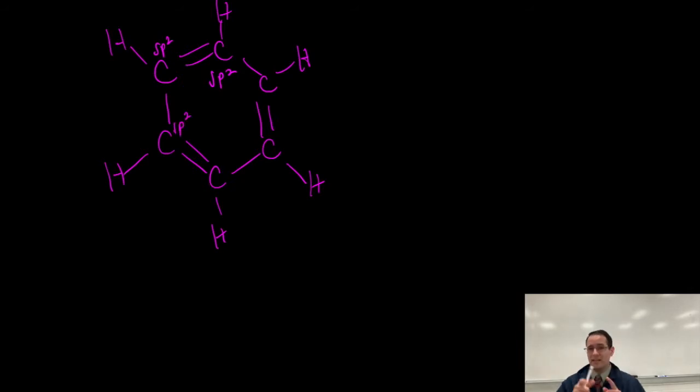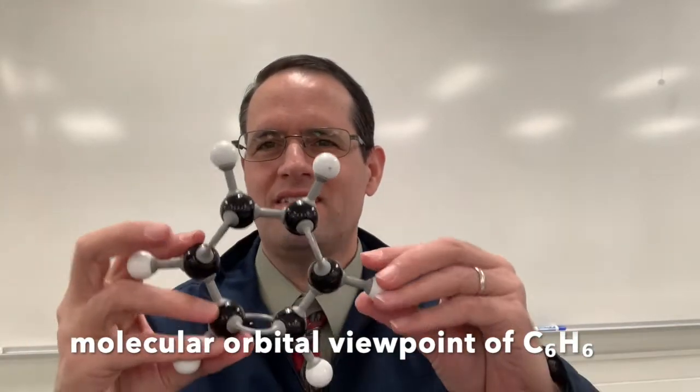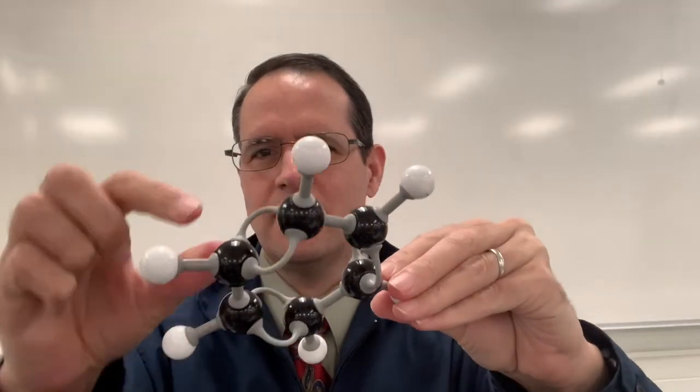So each carbon atom has a p orbital that's sticking up, okay? Let me show you what that looks like with a molecular model. Okay, so here's benzene, okay? It's C6H6. The white is hydrogen, the black is carbon, we know, and this molecular model represents the pi bonds as these little loops, okay?